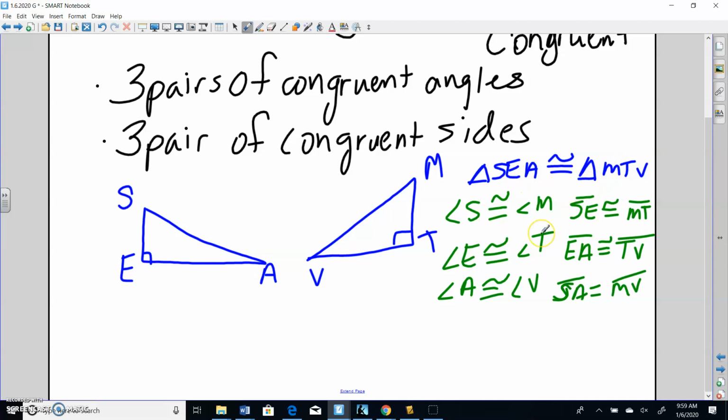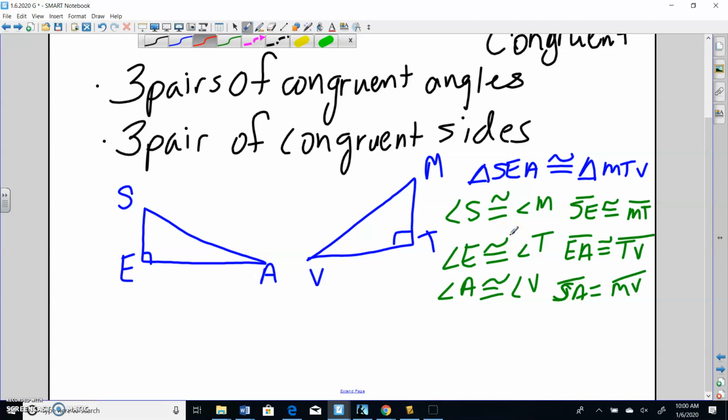So I think we've talked about how to label sides that are equal and angles that are equal. We're going to go ahead and do that again now, just to refresh your memory. So when we have angles that are congruent, we can show that by putting little arcs in those angles.